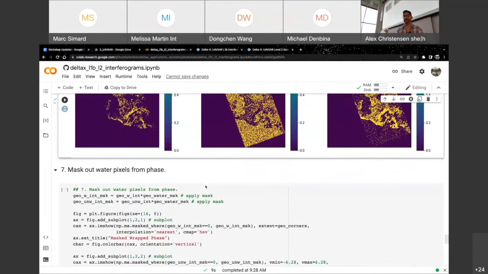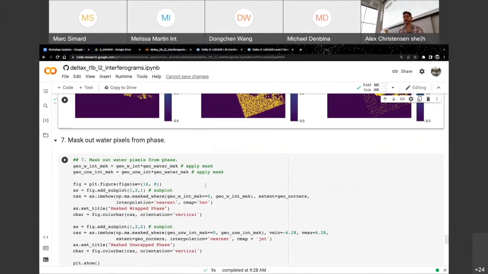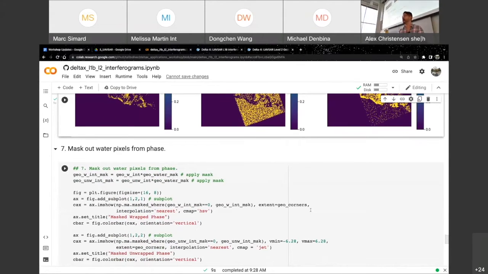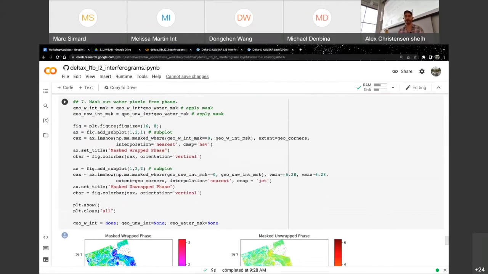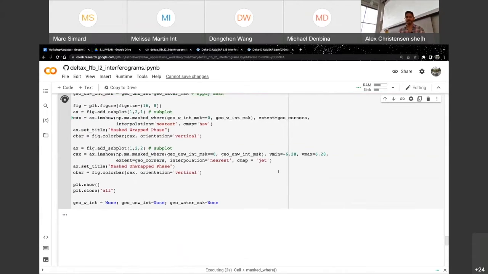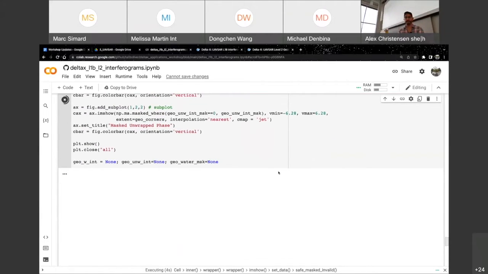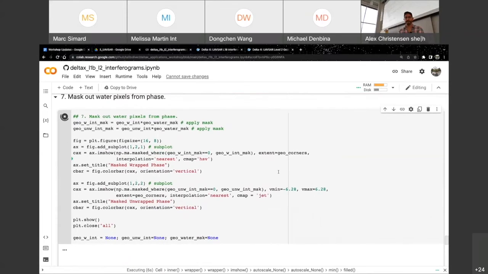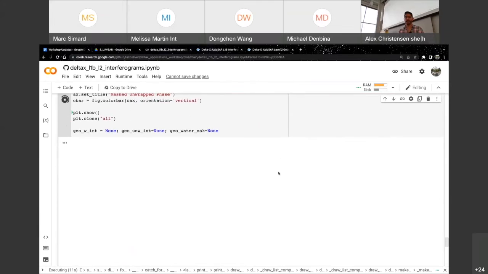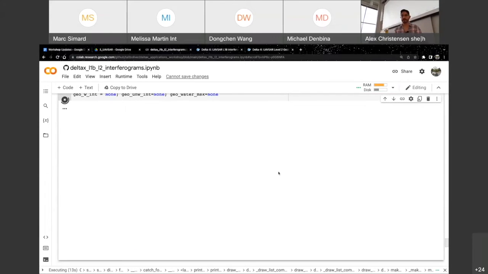And it's basically the same type of process that we did. It's just that in this case, we need to keep in mind the same things that we did for the time steps, which is we play around between pixel coordinates and latitude and longitude so that we can play around with the map and the plotting of the profiles. So we just mask out the water pixels, and maybe it's going to crash.